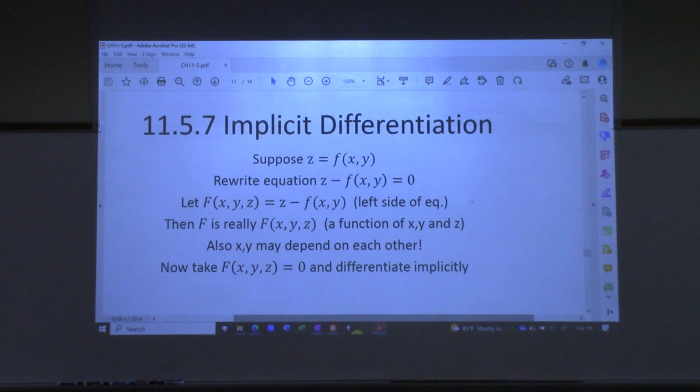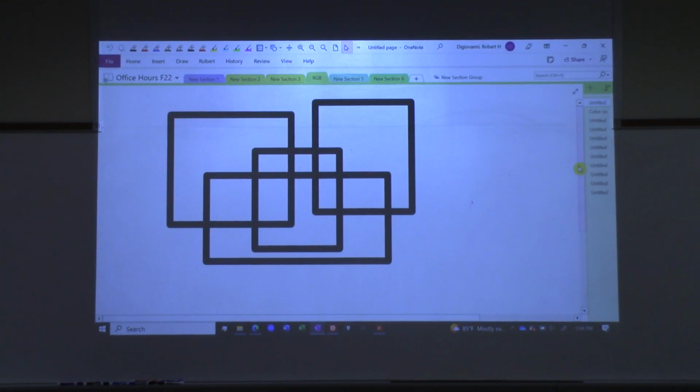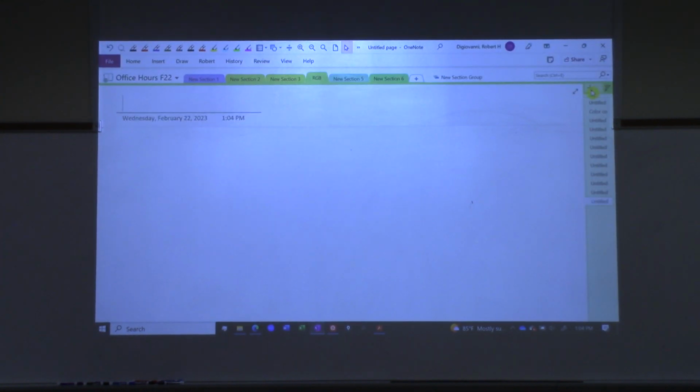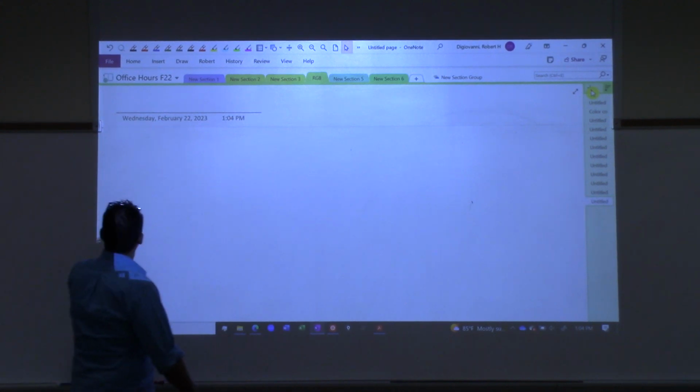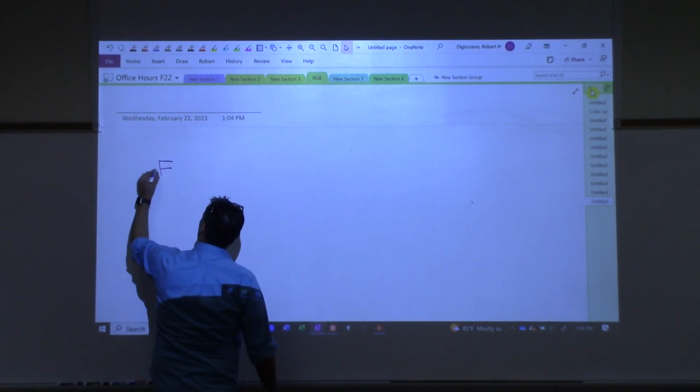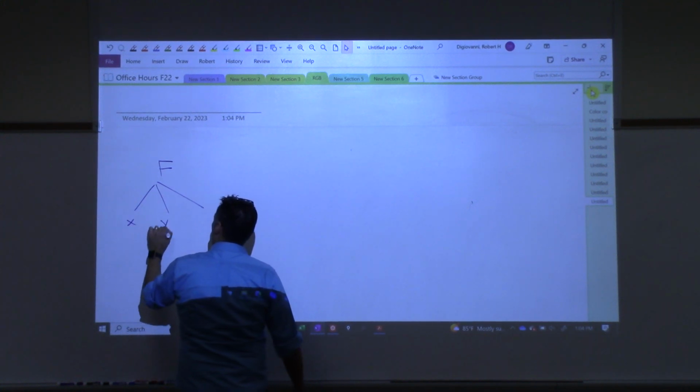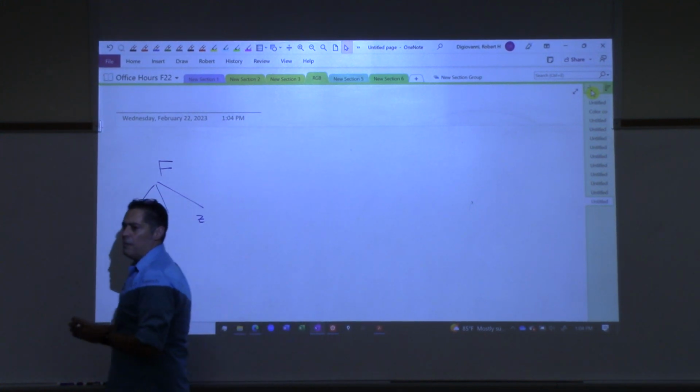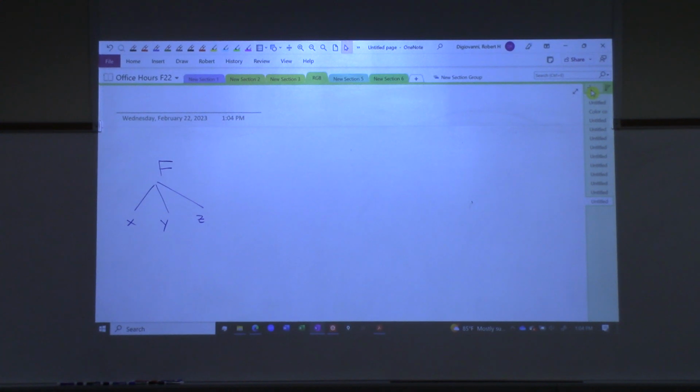So let me draw you a picture, a tree diagram like we did last time. We have this capital F, and it depends on 3 things, x, y, and z. But we also have that z, remember in the very beginning we said that z depended on x and y, right? Do I need to show it again? No?